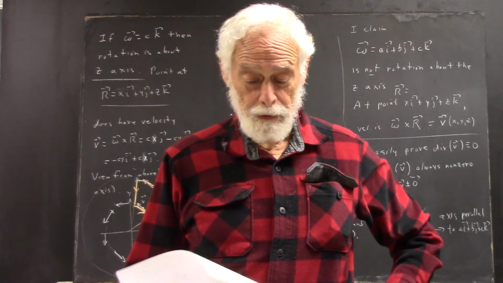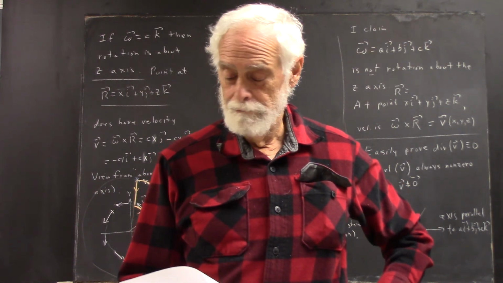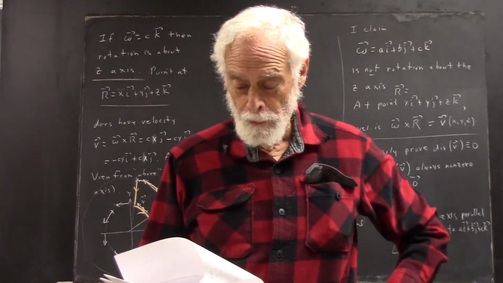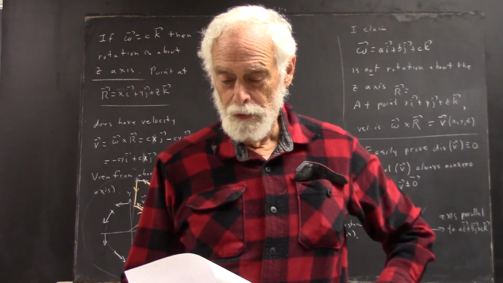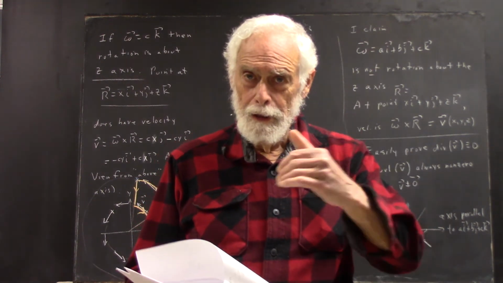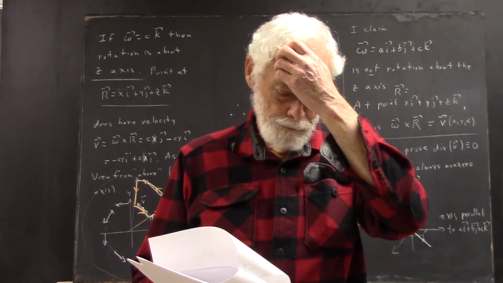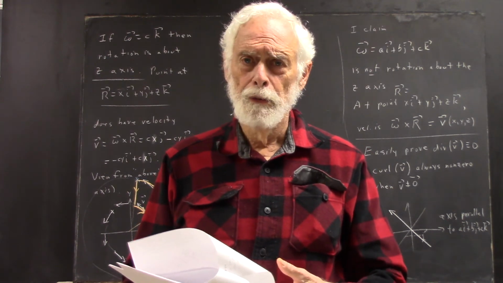On number 49, I've got a note down there that even I can't read because I didn't write my U very well. You say that this vector field F equals negative A, negative B, A and B constants, is conservative because the curl equals 0.